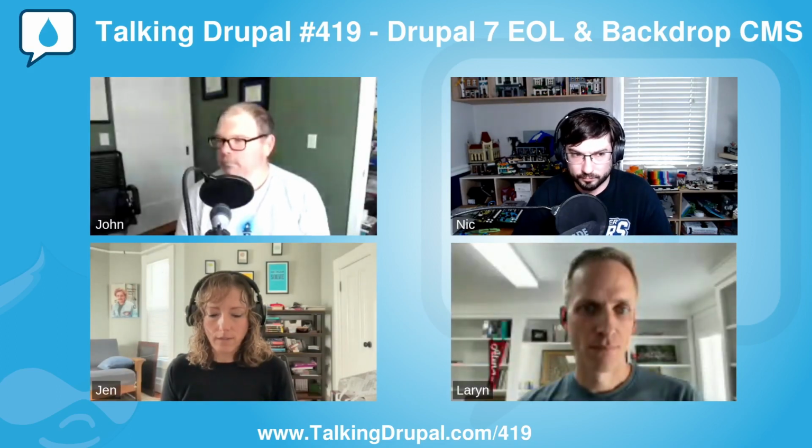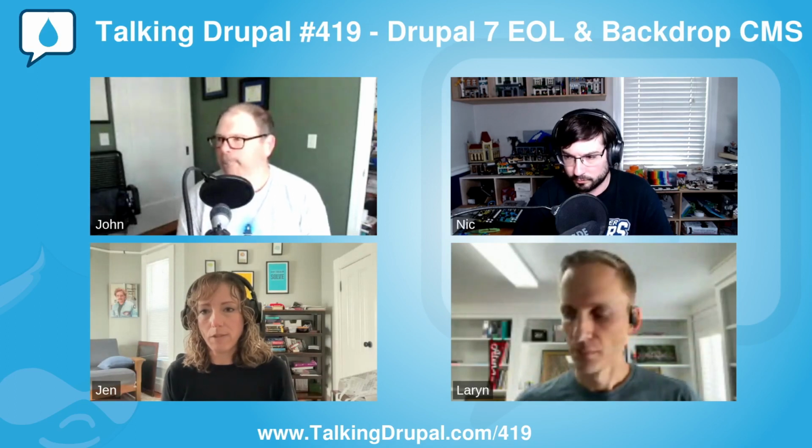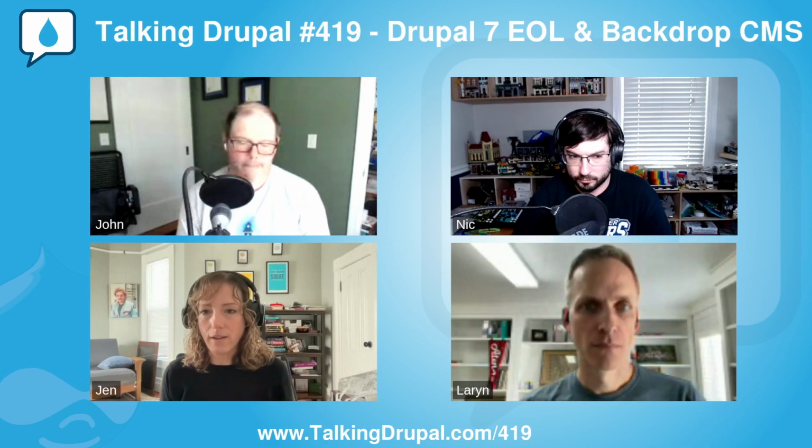Another one would be to think of it as a temporary stay. If you have to be on Drupal 7 after end of life, say, okay, we need to save money for 6 months in order to afford an upgrade. That's fine. But also consider limiting what you're allowing people to do on that website after that point, to protect as much as you can against somebody's password getting leaked and that account now having access.